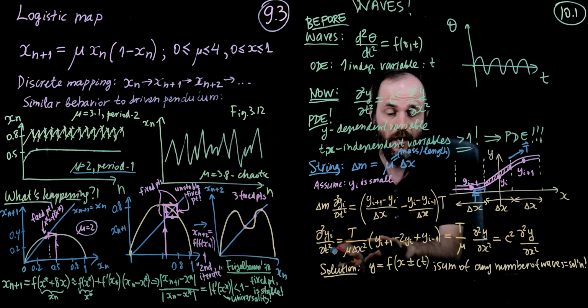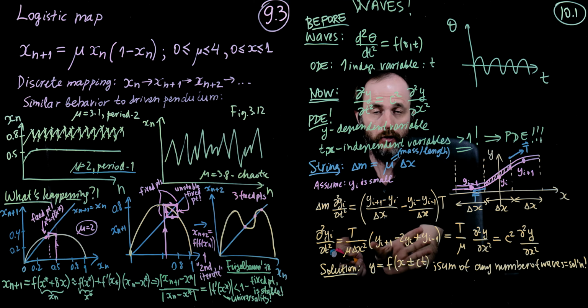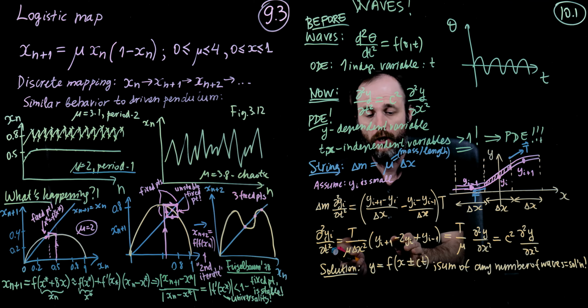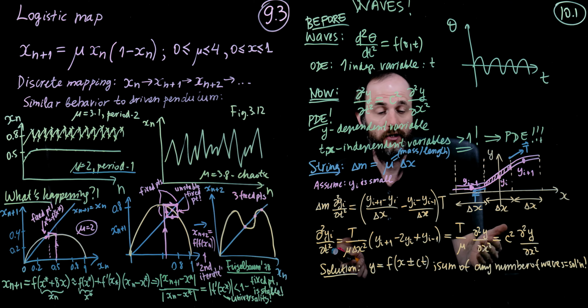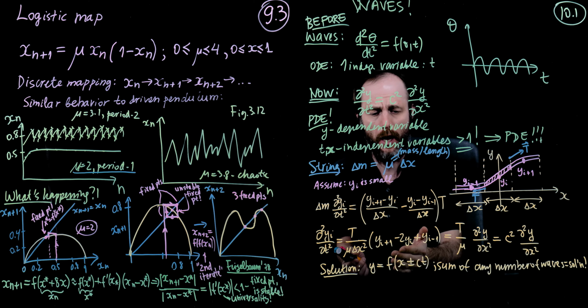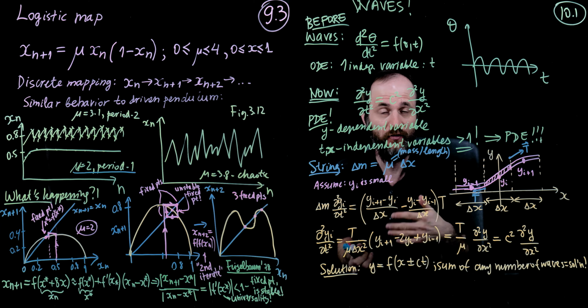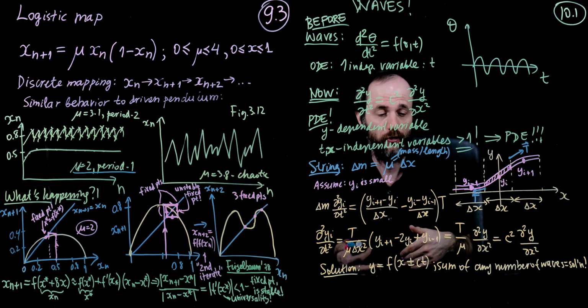So the right-hand side here, this one, is already written in a very convenient form for numerics, because we've already discretized the second derivative. And in case it wasn't clear why this is a second derivative, well, see, it's a difference between two first derivatives divided by delta x, so it's a discretization of the second derivative, which is what the second derivative is, the derivative of the first derivative.